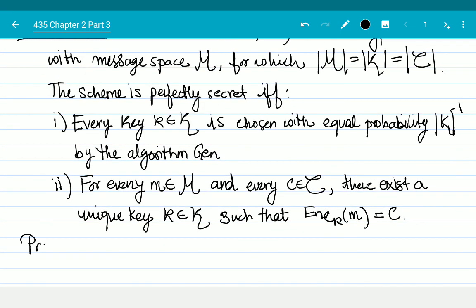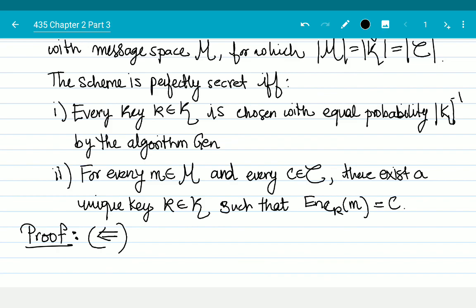Proof. We'll first show that if the encryption satisfies 1 and 2, then it is perfectly secret. The proof is the same as the one-time pad secrecy proof, so we have seen this before.